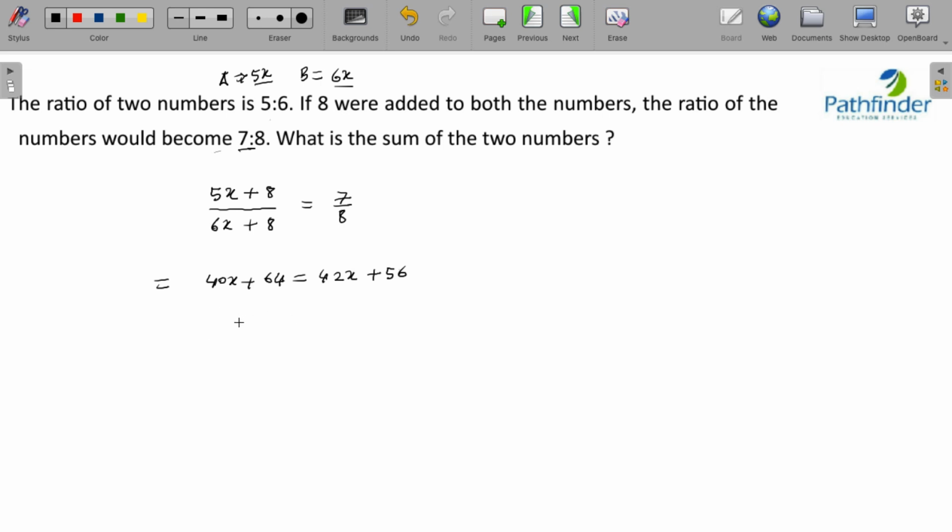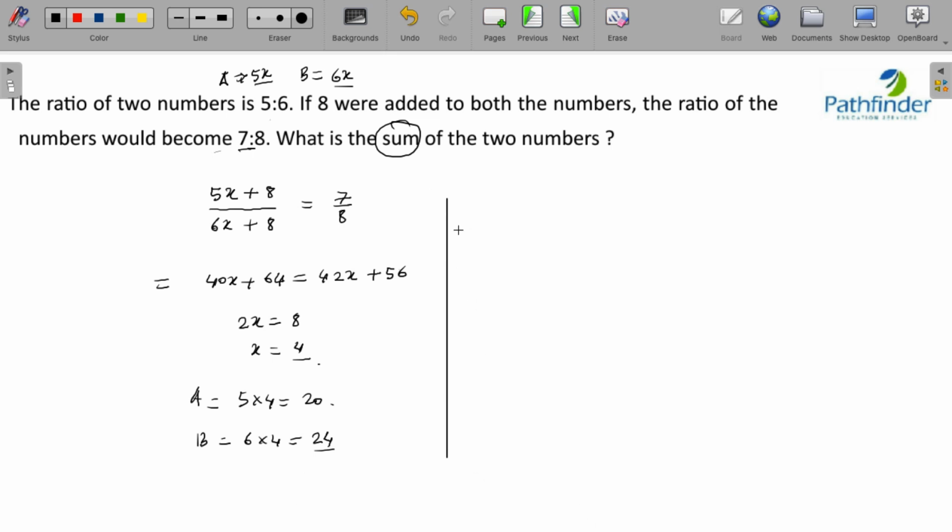So which means 2x is equal to 8 or x is equal to 4. So a, which is equal to 5x, must be 5 into 4, that is 20, and b, which is equal to 6x, is 6 into 4, that is 24. But we are asked for the sum of the two numbers. So the sum is 20 plus 24, that is 44.